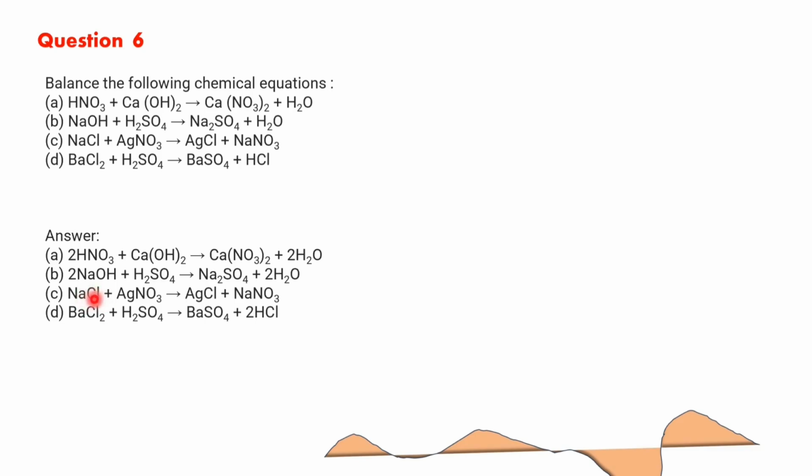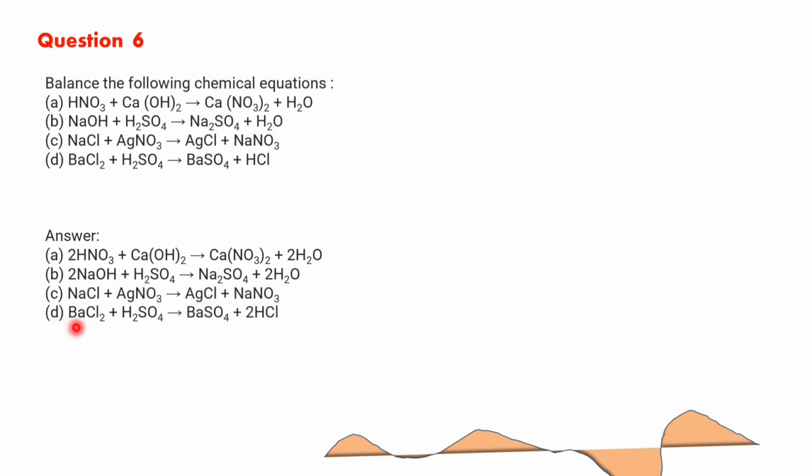Here only 1 chlorine atom, and the product side also only 1 chlorine atom. On the reactant side only 1 silver atom is there, and on the product side also only 1 silver atom. And in the case of oxygen, the reactant side has 3 atoms of oxygen, and the product side also has 3 atoms. So this is also balanced.